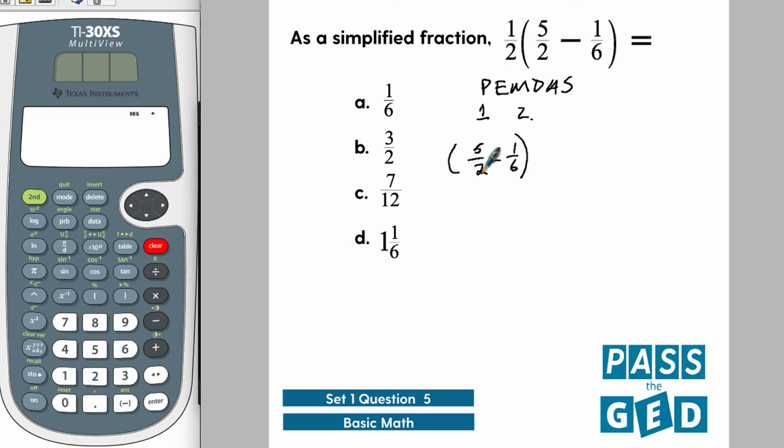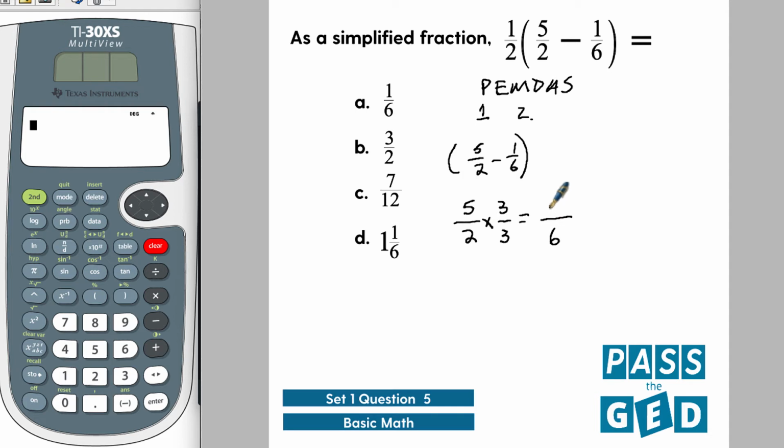We can't subtract because these do not have the same denominators. So what you want to do is scale up this 5 over 2 so that the bottom number is 6 as well. We're going to multiply it by some number so that we get 6 on the bottom. So 2 times what is 6? Well, 3. And so this becomes 3 over 3. Again, we're not changing the value of this 5 over 2, we're just scaling it up by a factor of 3.